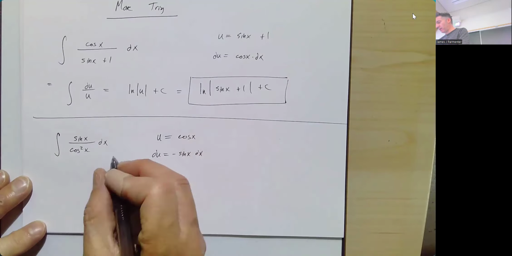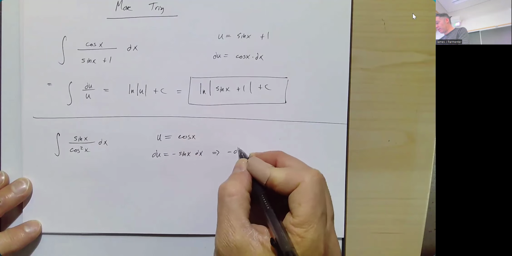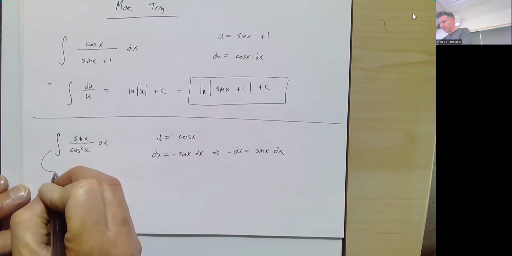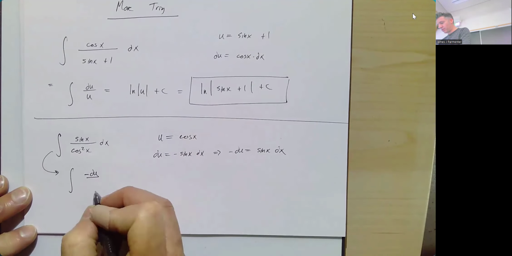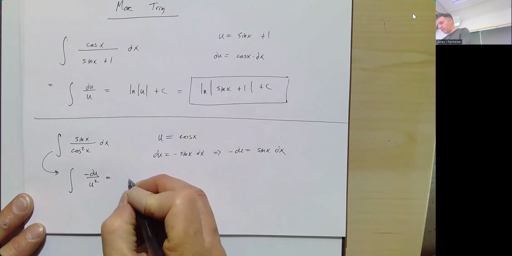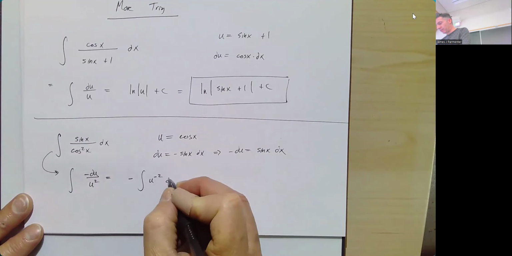So here I would make a small adjustment. I would rewrite this as negative du equal to sine of x times dx. And then I would rewrite this as the integral of negative du on top, u squared on the bottom, and then as negative integral of u to the negative second.